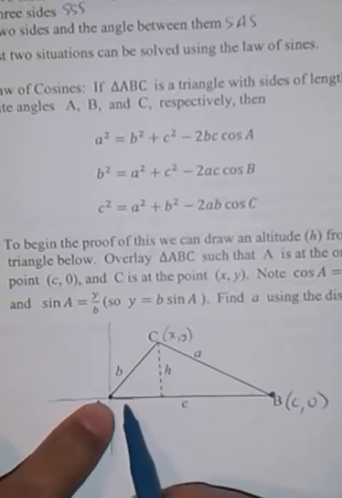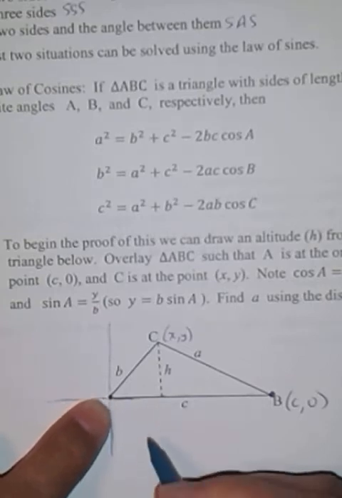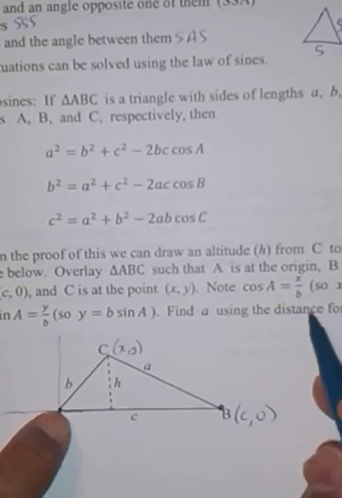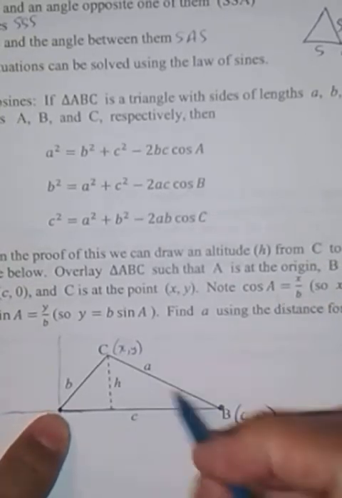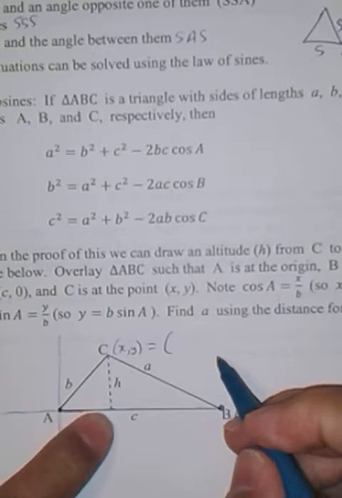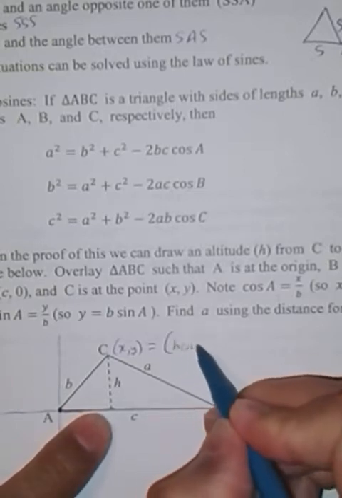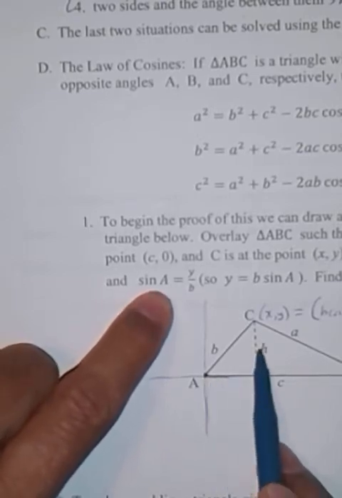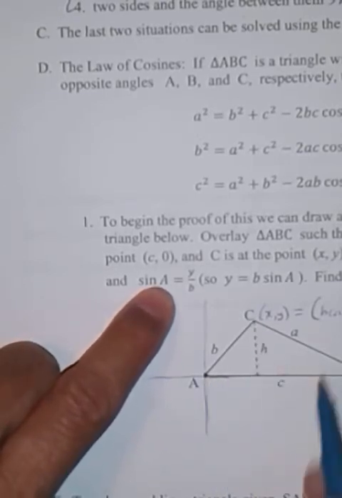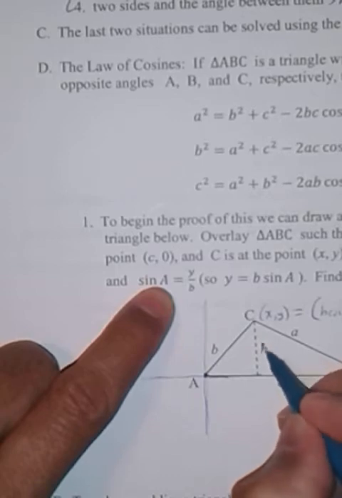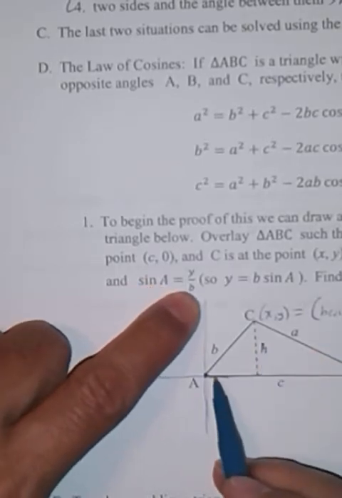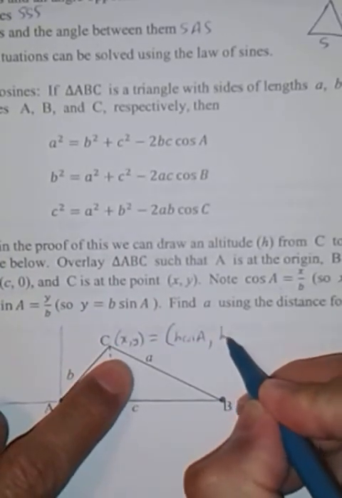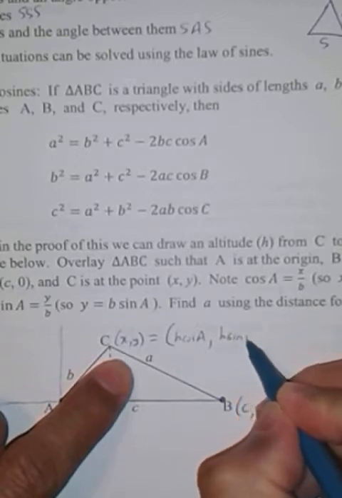The cosine of A is x over b, so if you solve for x, you get x equals b cosine A. Then the sine of A is opposite over hypotenuse, which is y over b, so y equals b sine A. We called it h before, but now we can call it y. So the coordinates (x, y) can be written as (b cosine A, b sine A).